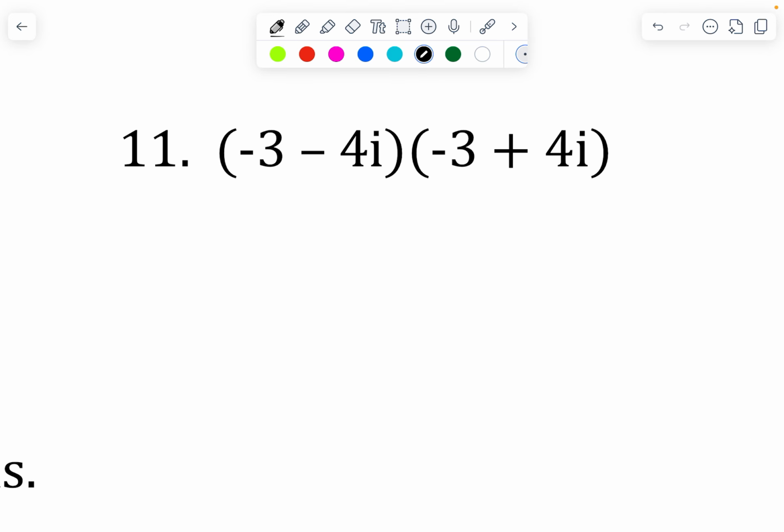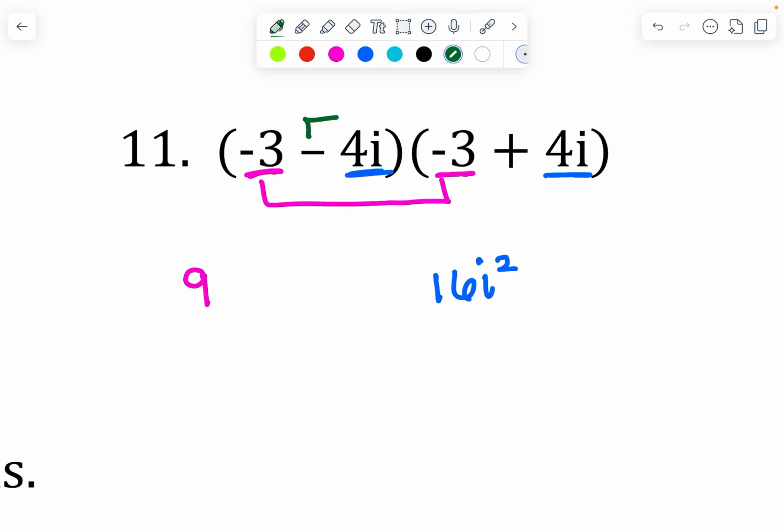Again, FOIL method, but I'm going to teach you a shortcut here. Same, same, so just multiply them, positive 9. Same, same, so just multiply them, 16i squared. These two guys need to be opposite, and they are.